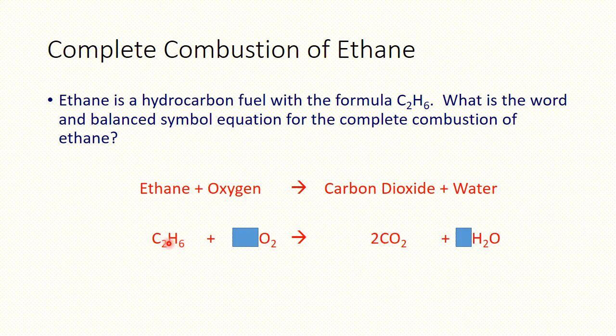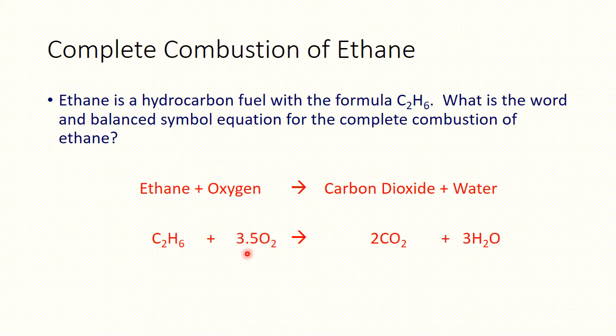We've got 6 hydrogens here, so that means we're going to need 3 water molecules. 3 times 2 gives us 6. So 2 times 2 is 4 oxygens, plus 3 gives us 7. So what do we times by 2 to get to 7? It would, of course, be 3.5.